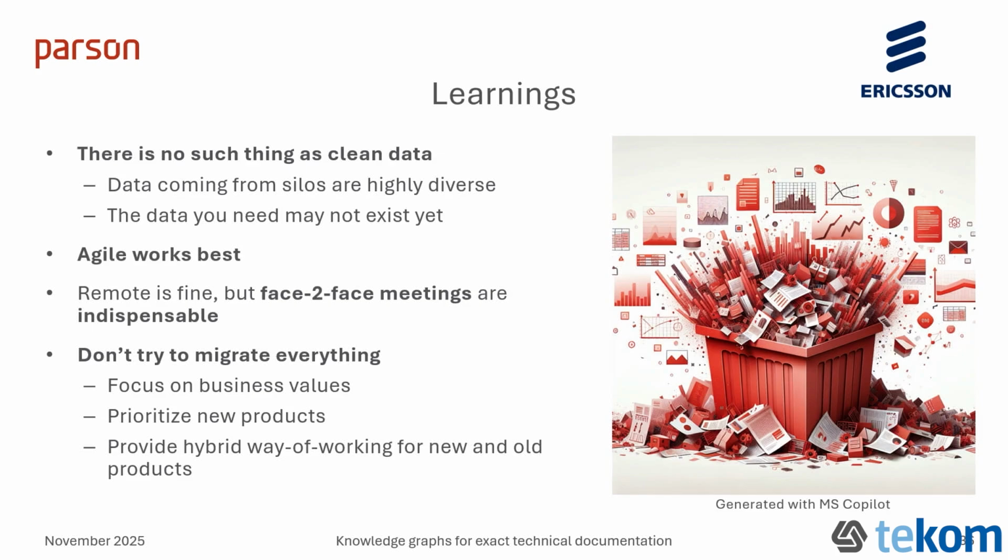And then there is a second set of things I think we both learned, and that is data is the key. There is no such thing as clean data. The data from the silos you have will be highly diverse. It will probably not be well connectable, like FAIR data: findable, accessible, interoperable, reusable. And the data you need might not even exist.